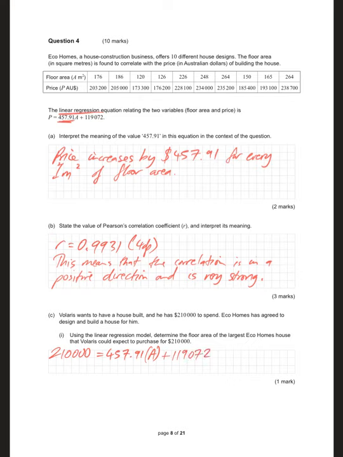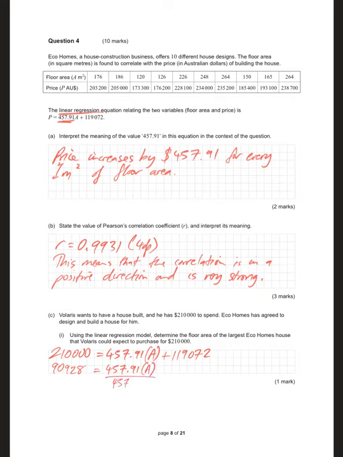I need to subtract 119072 from both sides. So 210,000 minus 119072 leaves you with 90928 on this side and 457.91 times A on that side.